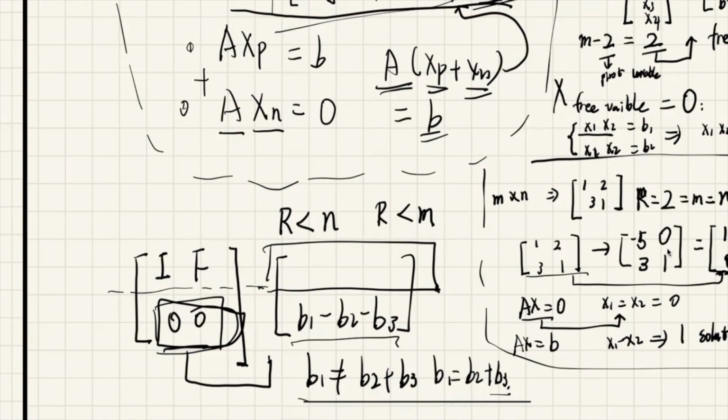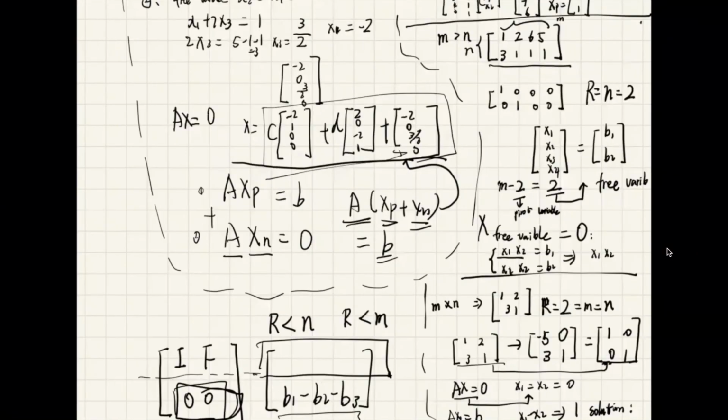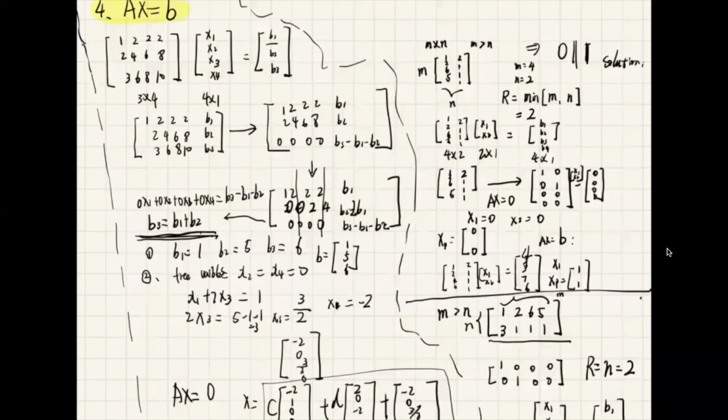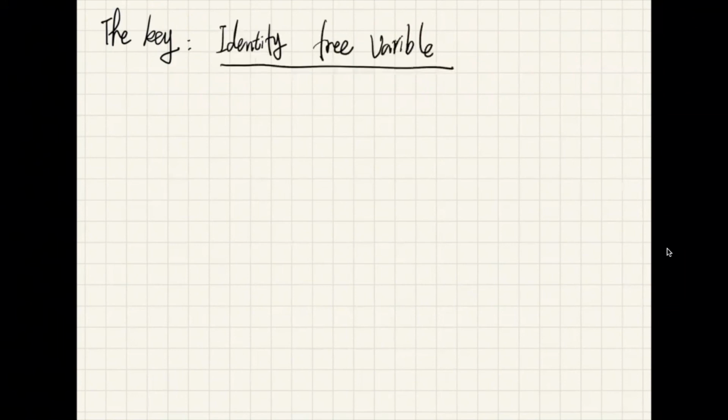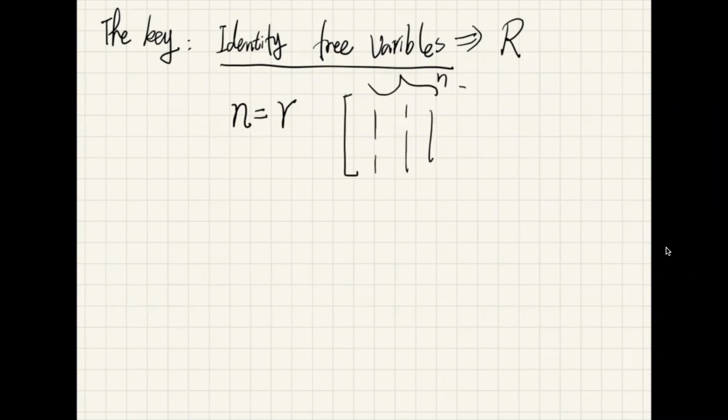All right. To sum it up, the key here is to identify the free variables. How many free variables we get depends on the rank. Let's say n is the number of columns and r is the rank.